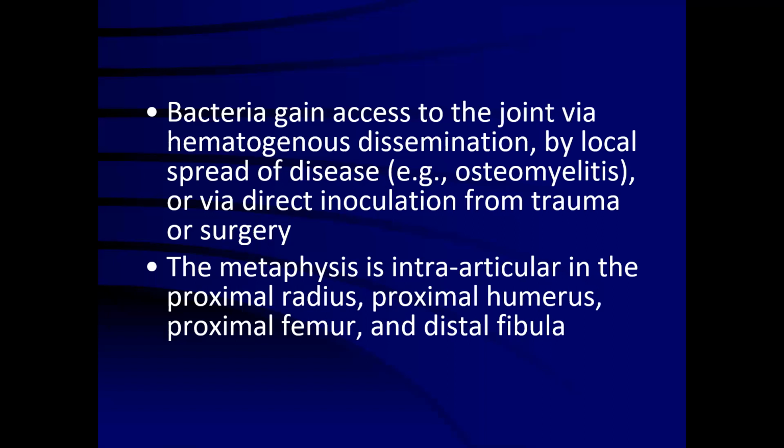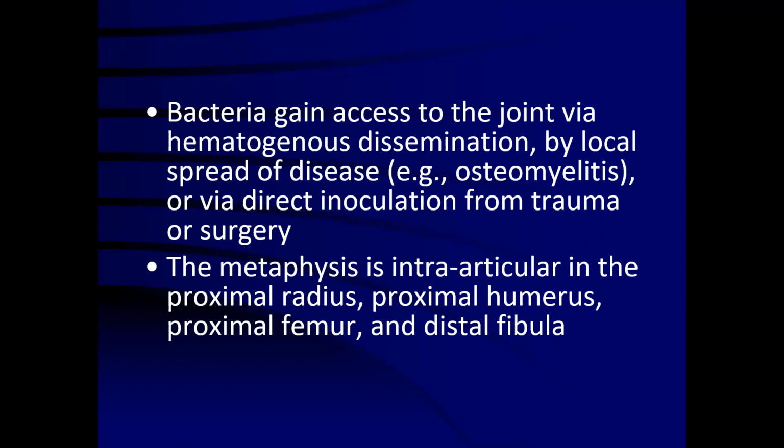Okay. The metaphysis is intra-articular in the proximal radius, proximal humerus, proximal femur, and distal fibula. So if one asks, what are the four regions that can cause infection: the proximal radius, humerus, femur, and distal fibula.